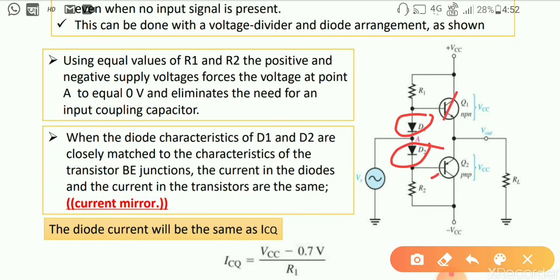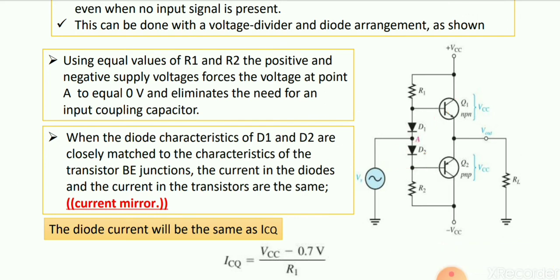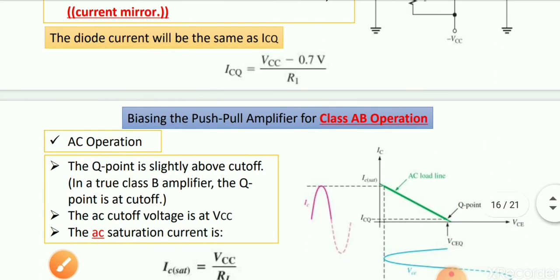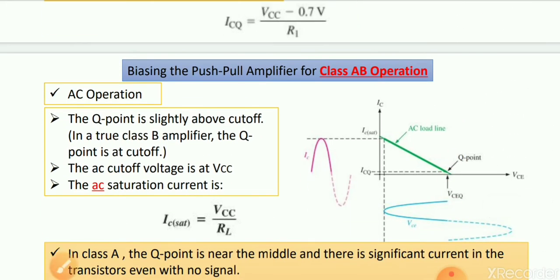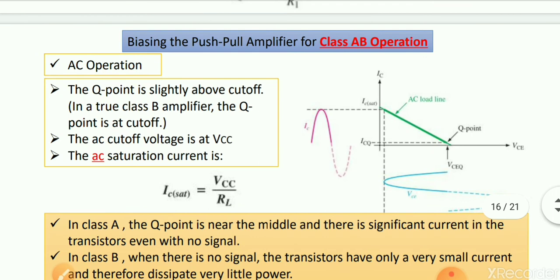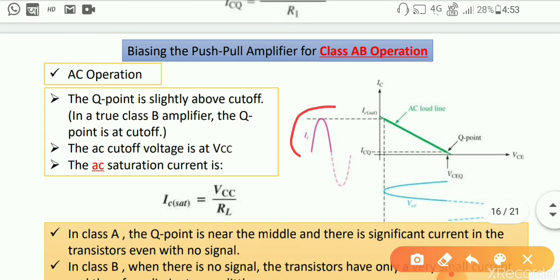That means it will work just like a current mirror, and at that time the AC operation will be as such. Here IC will become, due to the reason of VC, as such.